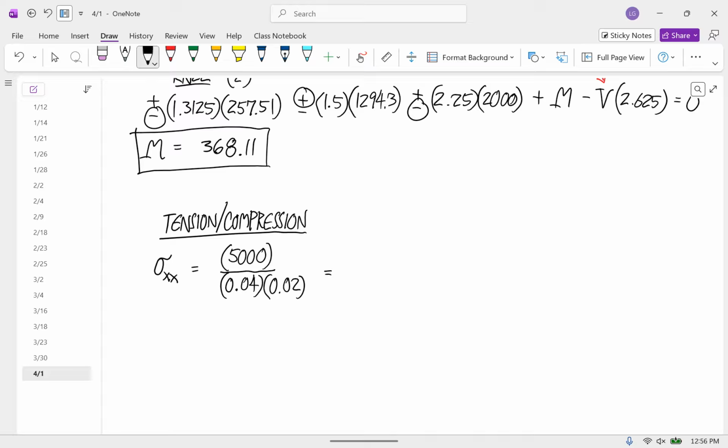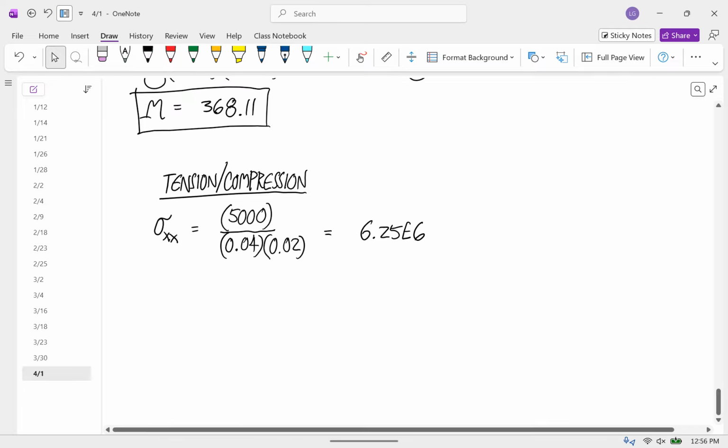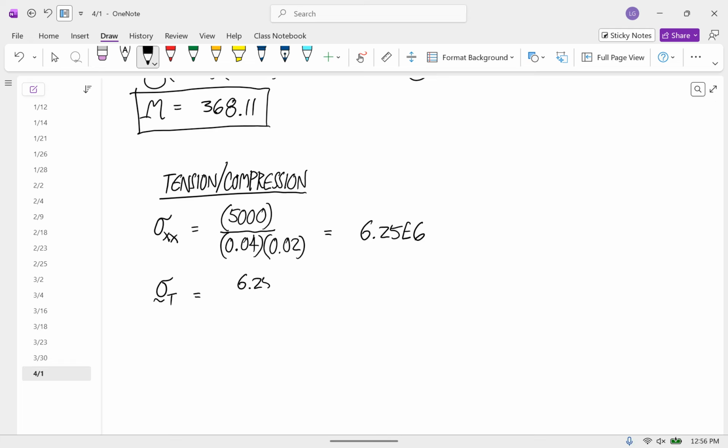So that is 6.25 times 10 to the 6. And so the stress tensor due to tension compression is 6.25 times 10 to the 6, and then zeros everywhere else.